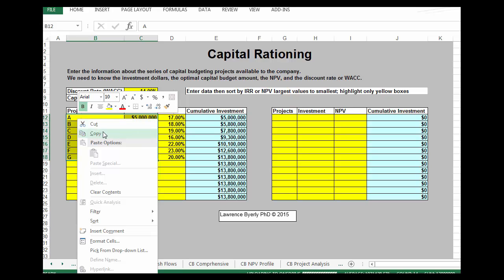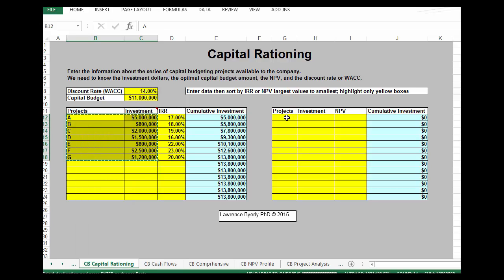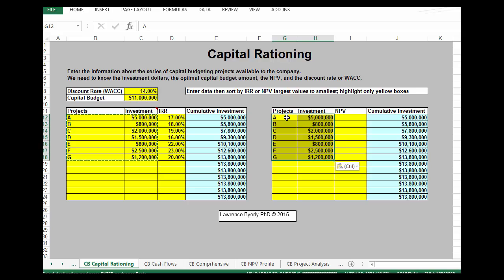So before we go any further, I want to copy these projects over here to the other file, and we need to understand something about net present values. So here's 500,000 as the net present value for this one. 400,000 is here.